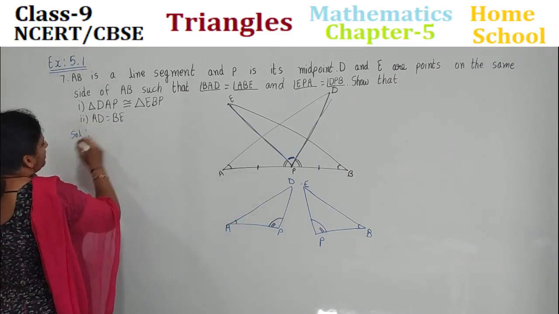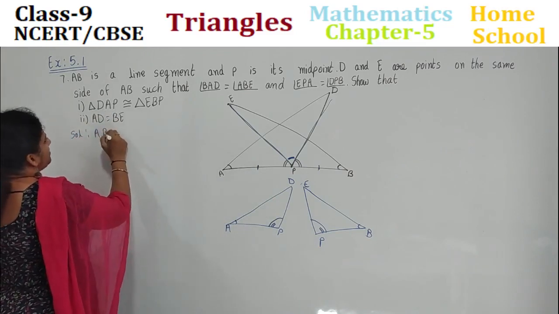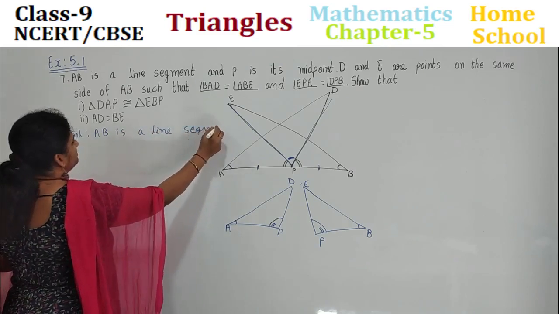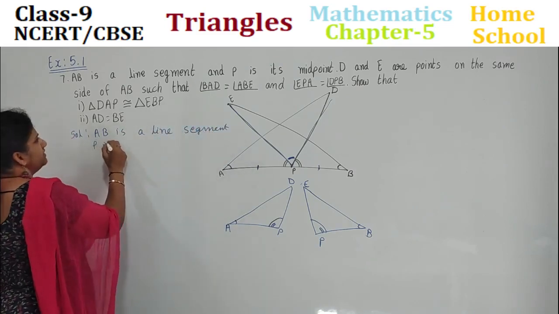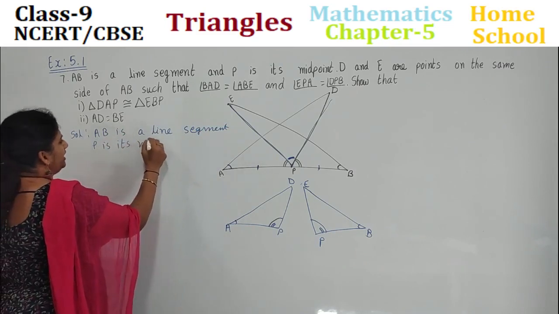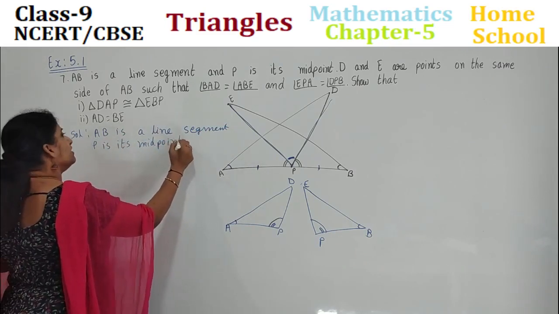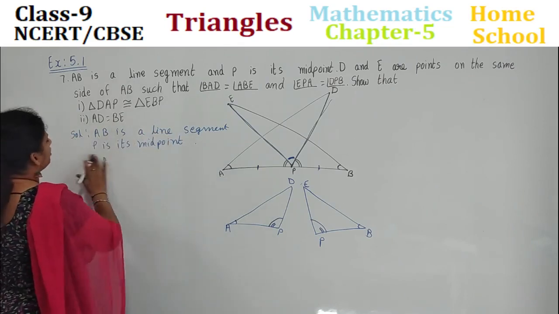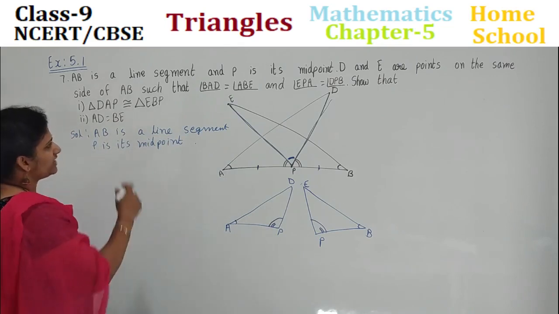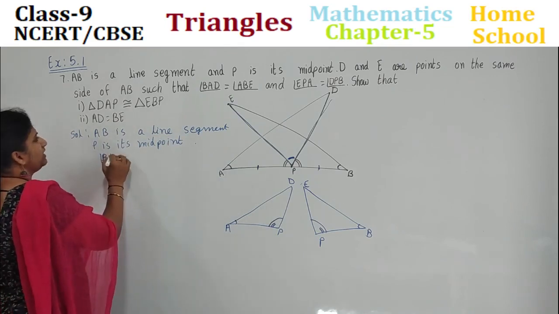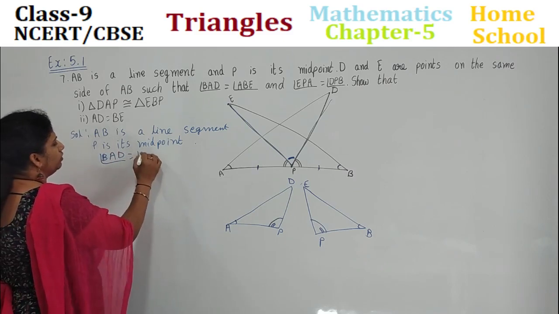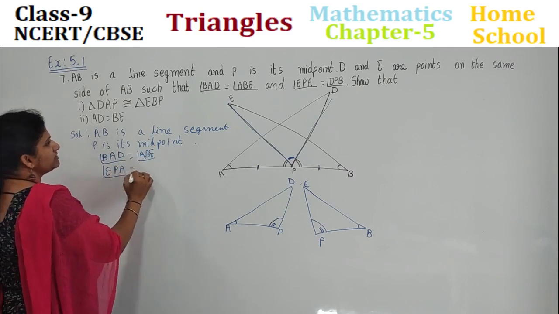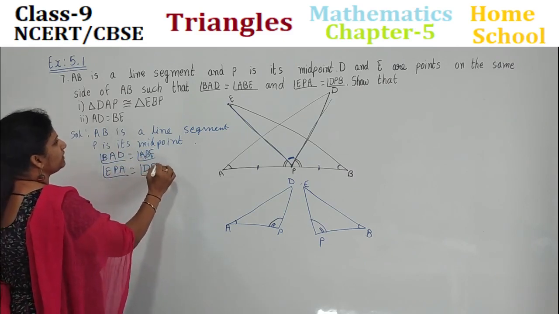Yeah, solution. Given data: AB is a line segment. P is its midpoint. D and E are the points, all of this you can write, children, such that what is given: angle BAD is equal to angle ABE and angle EPA is equal to angle DPB.